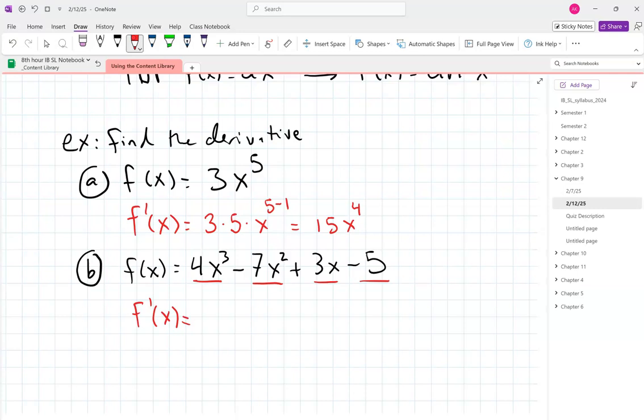So the derivative of 4x cubed is 12x squared. Excellent. And the derivative of negative 7x squared is negative 14x. Plus 3. The derivative of 3x is just 3. And then the derivative of negative 5 is 0. Zilch.